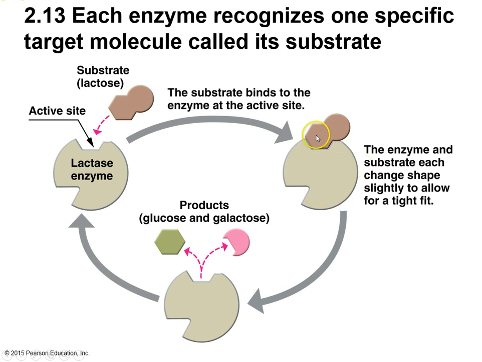In this case, we're breaking lactose down into 2 smaller sugars called glucose and galactose. And those are the products that get released by the enzyme in this chemical reaction. Now, one thing that you'll notice is that now that the enzyme has performed its job, it is able to accept another substrate. It's not changed or modified or damaged in the course of this chemical reaction.